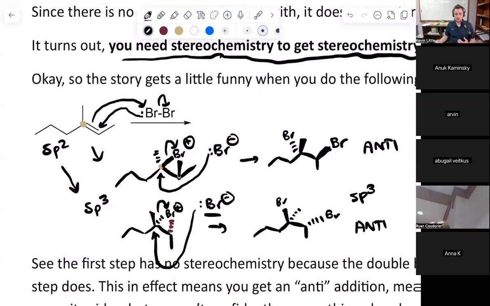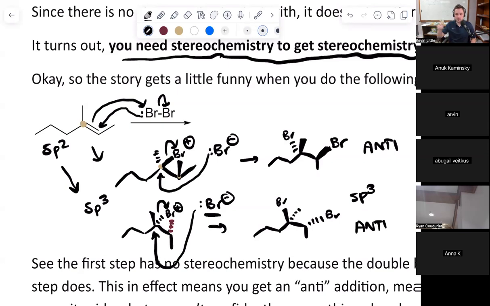So that's why when we do this reaction, we say, well, I don't know if it's going to be a wedge or a dash. That first addition of that BR, I'll get one on a wedge, one on a dash. But I can tell you that the information we do have is that they will be opposite of each other when the second one adds in. Because that step, the second addition, is specific.